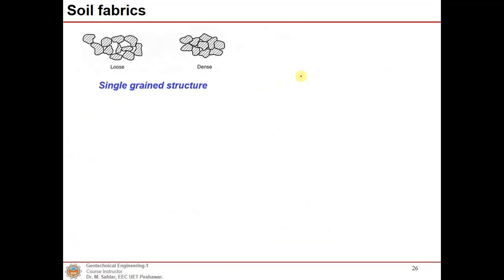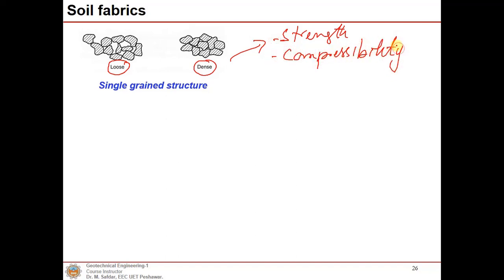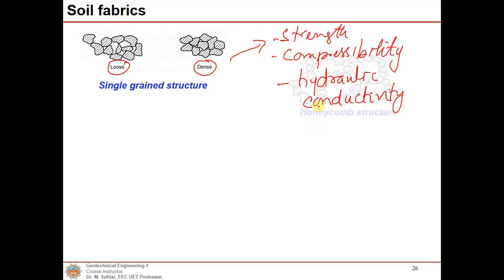Now, in single grain structure, you can clearly see that if we classify based upon the fabric, whether it's a loose fabric or a dense fabric, they are related with the strength, compressibility, and hydraulic conductivity of that particular soil.